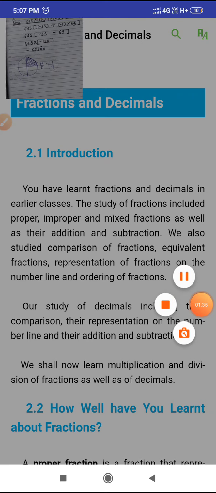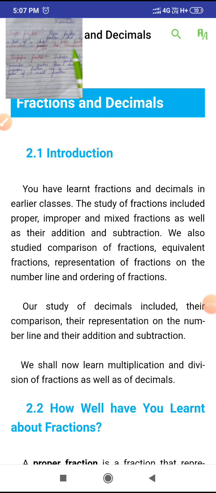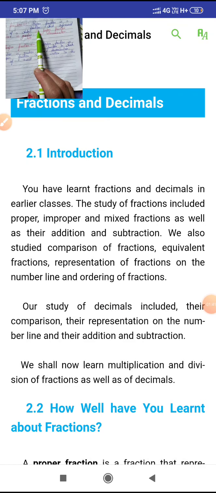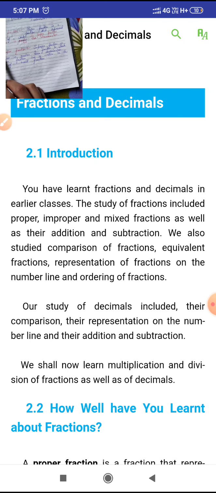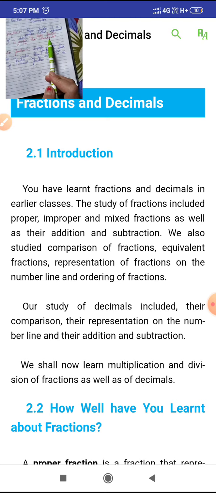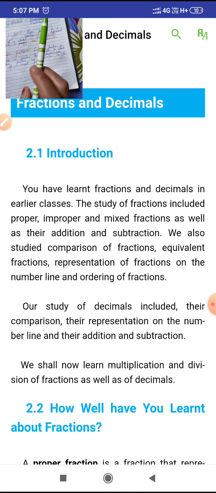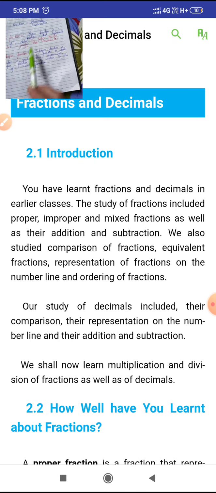Next term is proper fraction. What is a proper fraction? A proper fraction is a fraction which represents a part of a whole. In a proper fraction, the numerator is less than the denominator. If in any fraction the value of the numerator is less than the denominator, then we say that the fraction is a proper fraction.